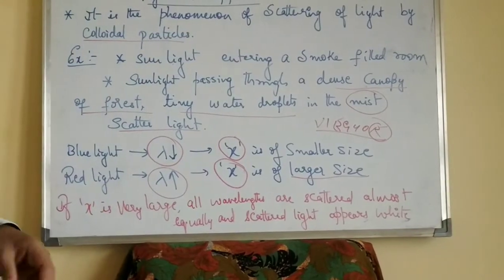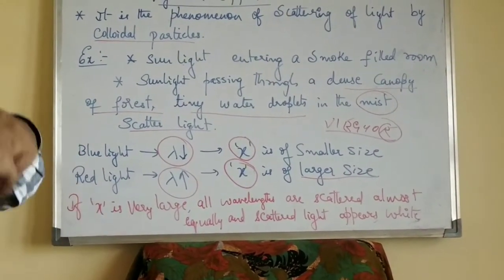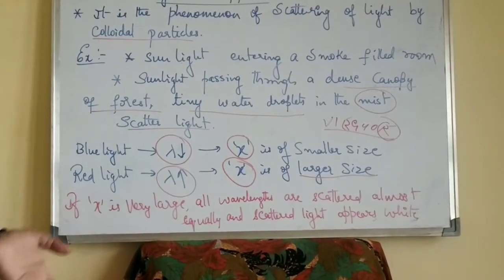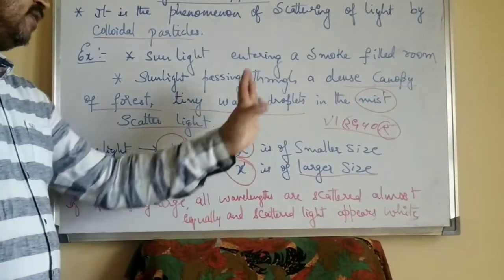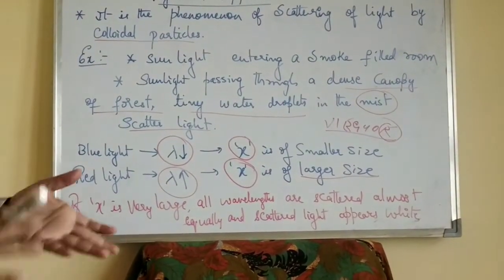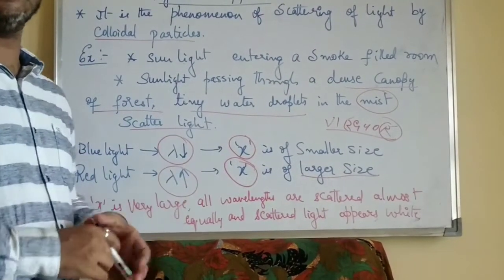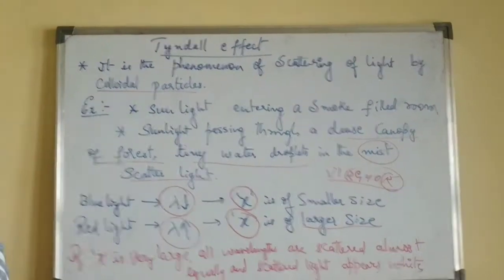Because in the medium where the scatterers or the particles are of relatively very, very large size, the entire wavelength, that is the wavelength of all those colors, is scattered almost equally, so that the resultant scattered light appears white. Okay, so this is the Tyndall effect.